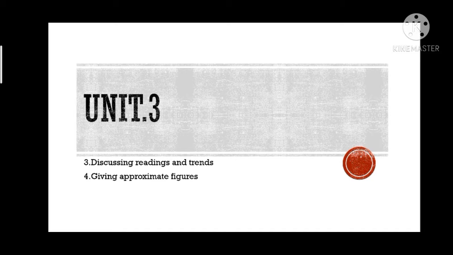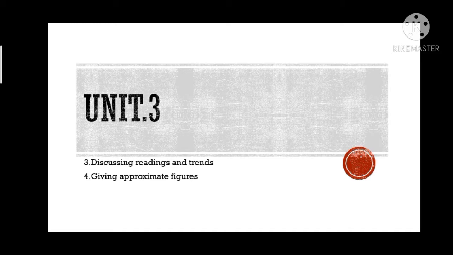Today we are going to discuss Unit 3, and as always we are beginning with skill number 3, discussing readings and trends. هنناقش القراءات والاتجاهات. Readings are the amount shown by a meter or other measuring instrument. لما نيجي نكون بنقيس حاجة، بنعمل تحليل مثلا لاستهلاك المية، بنعمل curve graph.